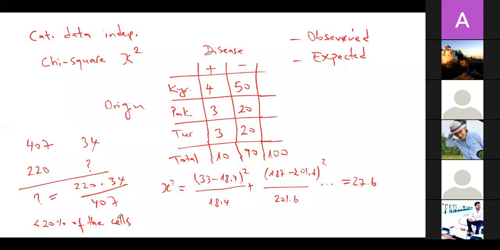Less than 20% of the cells should have or may have expected values of less than 5. This is the rule for doing a chi-square test.